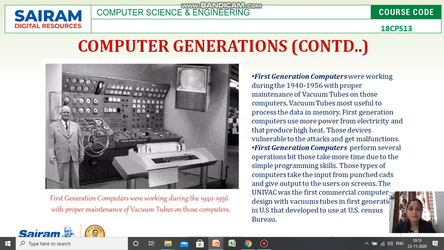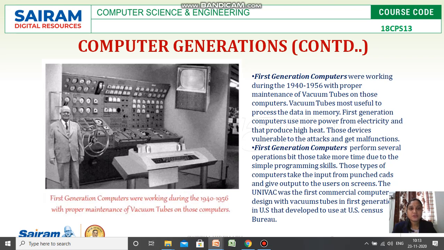First generation computers were working during 1940 to 56 with proper maintenance of the vacuum tubes. Vacuum tubes were most useful to process the data in the memory.